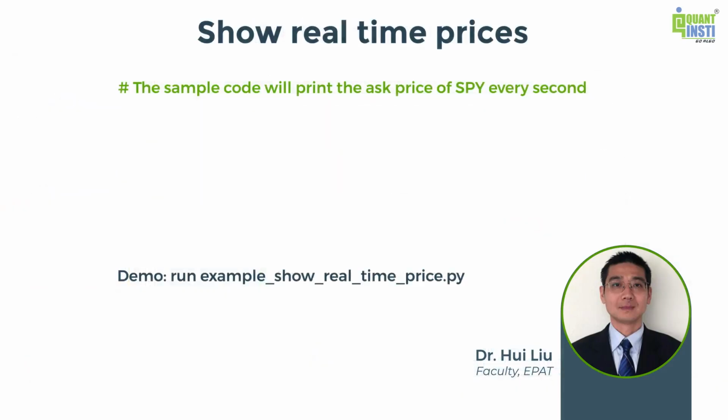Okay, let's talk about the code a little bit. So the initialize function looks like this. In the example of show real-time prices, this sample code will print the ask price of SPY every second, just what I demoed for you. In initialize, I define a global variable called security. The way I define it is I put context dot security.